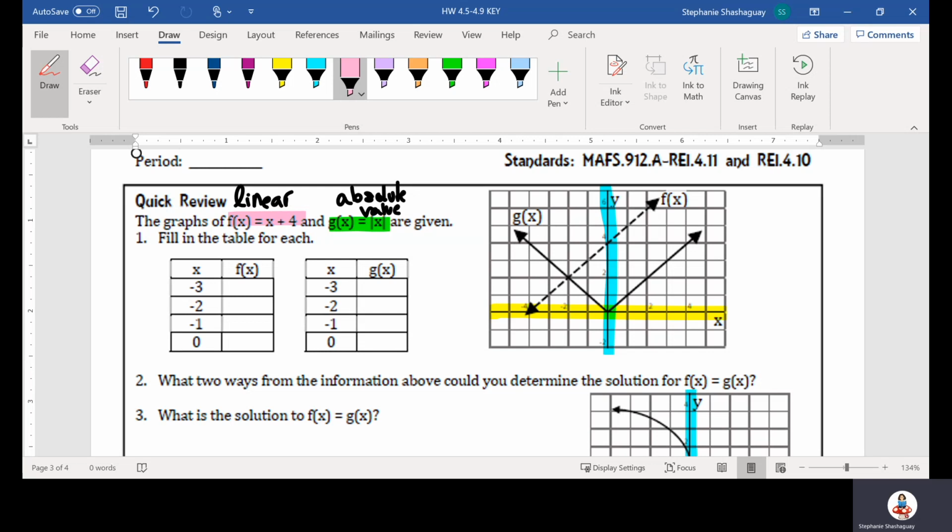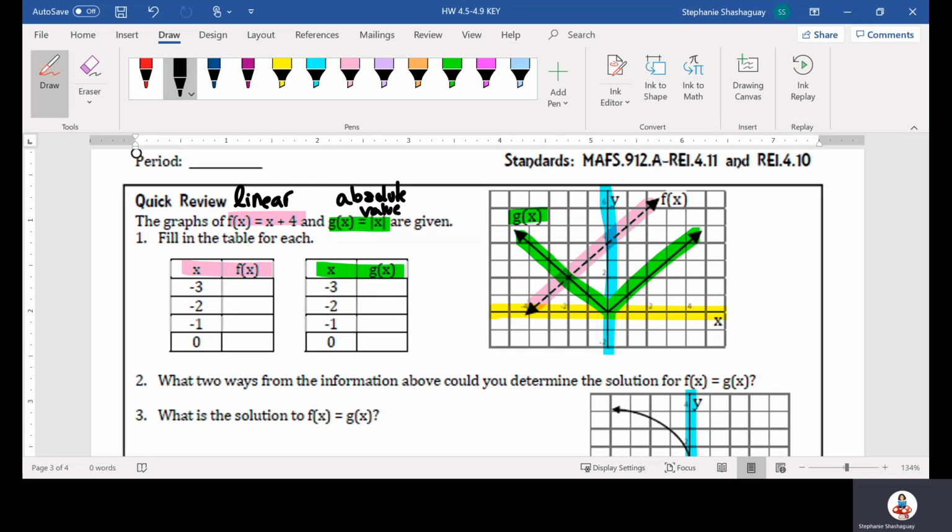Okay, they've already labeled both functions for me. We have f of x, and that's going to be in our first table. And then we have our g of x, which is this absolute value function, and that's in our second table. It says fill in the table for each.